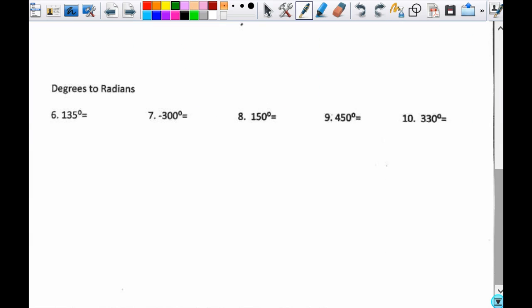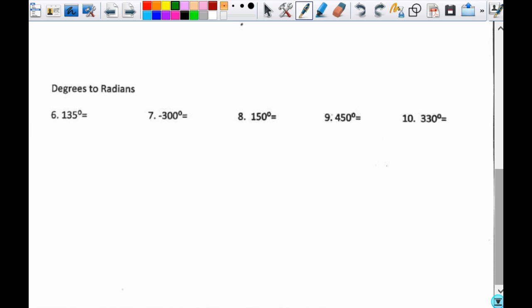All right, so the whole degrees to radians thing. We're doing the same thing but opposite. So your special angles are 30, 45, and 60, and then 90 kind of counts too, right? But if it ends in a 5, it's not 30 or 60 or 90, right? So this has to be a multiple of 45. So how many times does 45 go into 135? Okay, so twice would be 90.